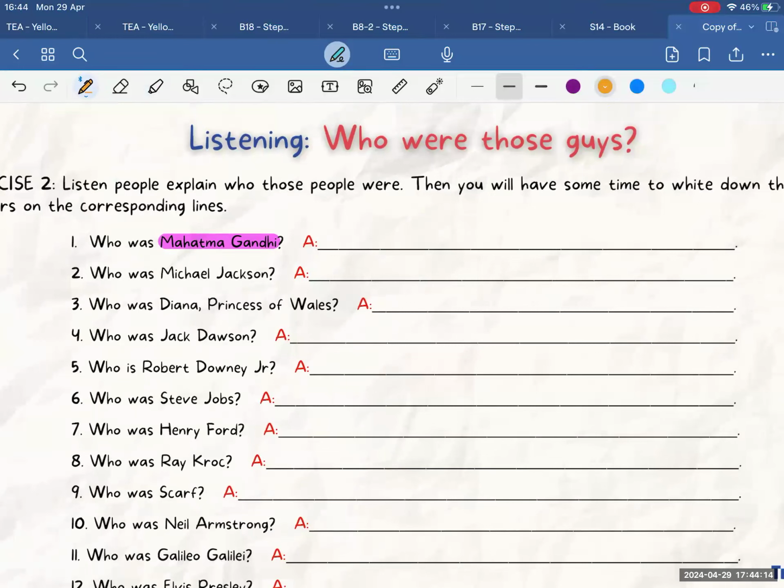Mahatma Gandhi was the man that started the independence of India, for example.